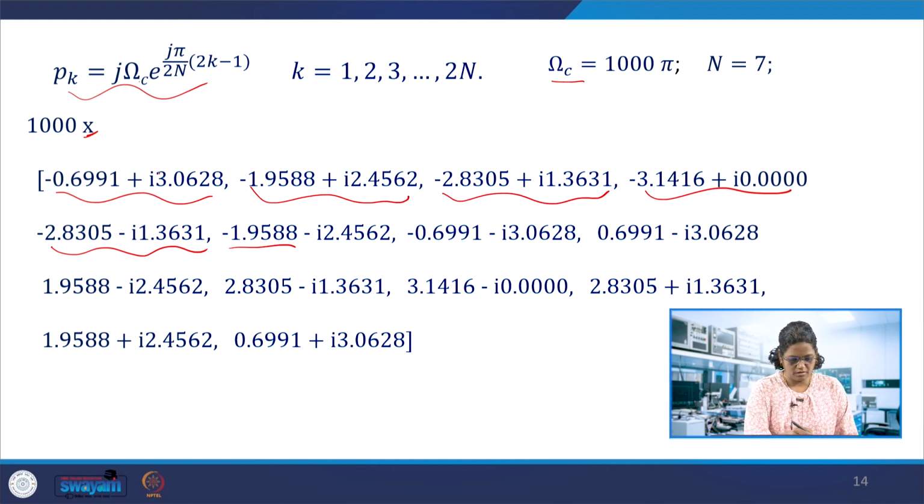You can see the poles which are the mirror image of minus 0.6991, and this is here plus 0.6991. So the real part is the same magnitude. This is in the left half of the S plane and this is in the right half of the S plane. Its conjugate you could also find here, minus 0.66. Here is a conjugate of this, and you can also find the conjugate of this.